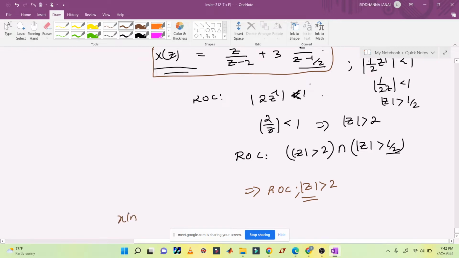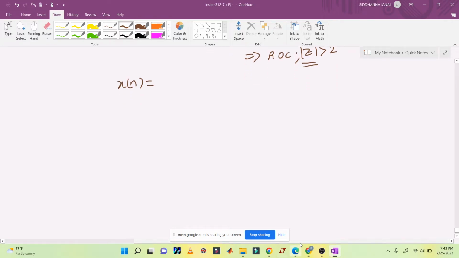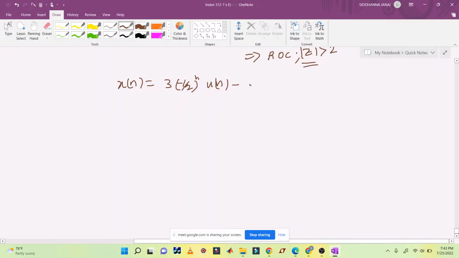So x of n is equal to 3 into (minus 1 divided by 2) to the power n u of n, minus 2 into 3 to the power n u of minus n minus 1.